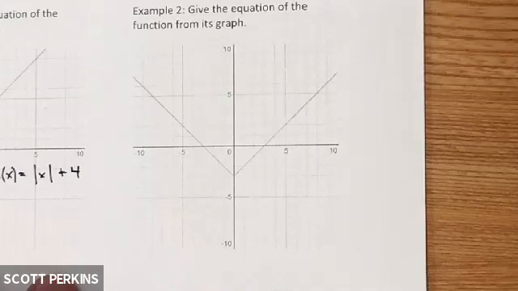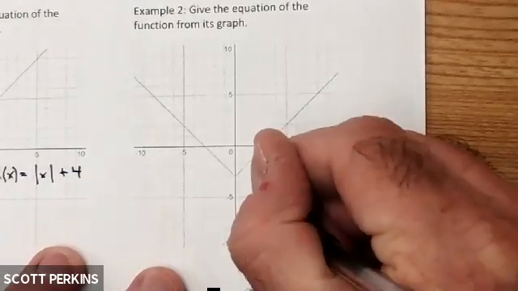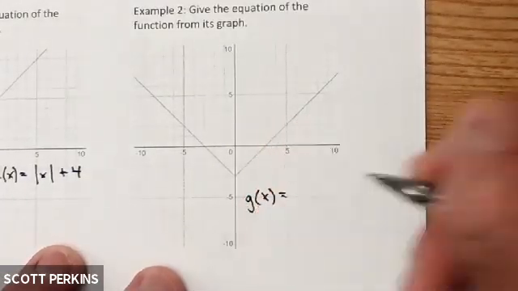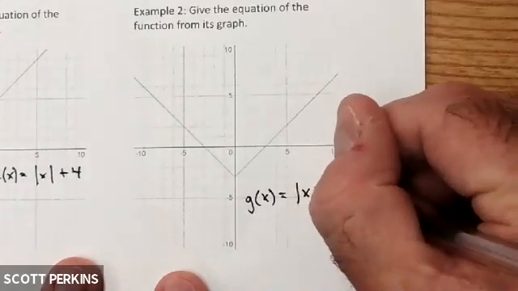I'm just going to use a different function letter. If you did or didn't, it doesn't matter at all, but I'm just distinguishing this from the previous example. So I'm going to call this g of x. What is the basic function that you can see there? What's the shape? Again, it's absolute value. No tricks or gimmicks. I'm just asking you these questions.